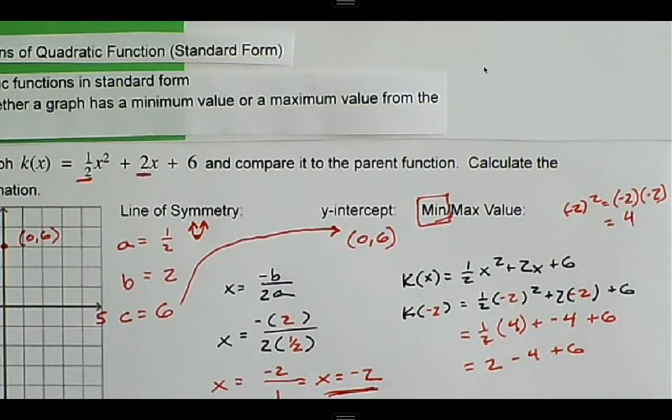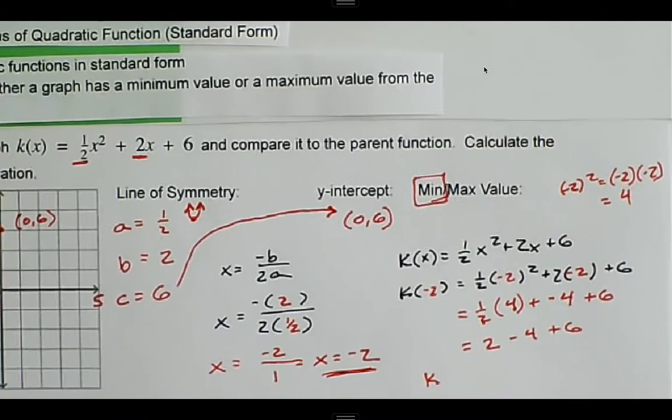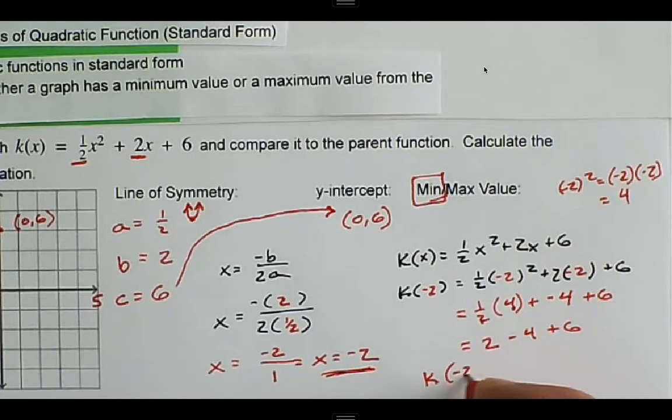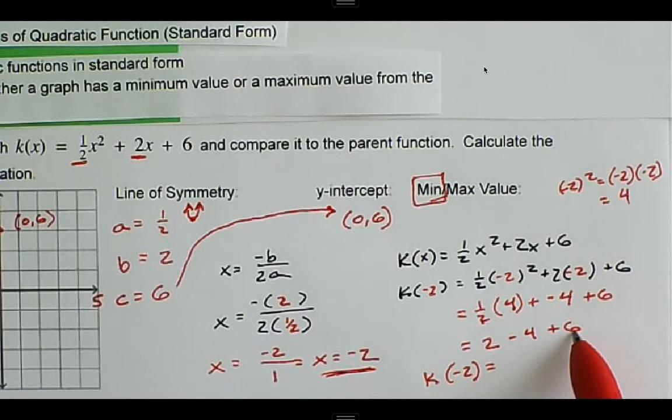And we can finish up by saying the function k evaluated at -2 is equal to 2 minus 4 is -2 plus 6 is +4. So we have the ordered pair -2, 4. That is the vertex.